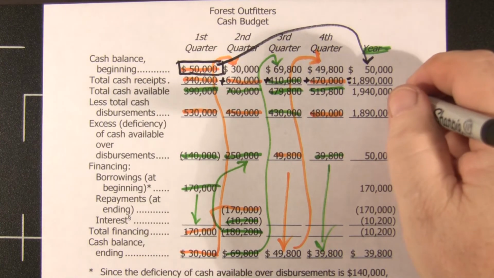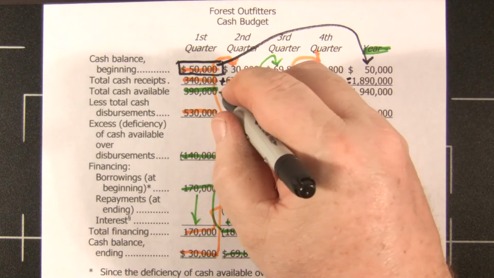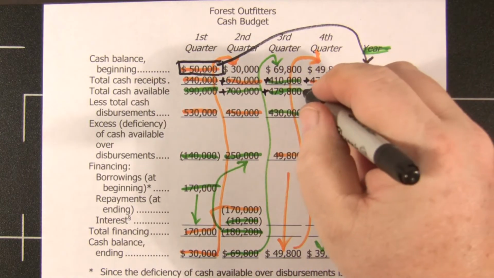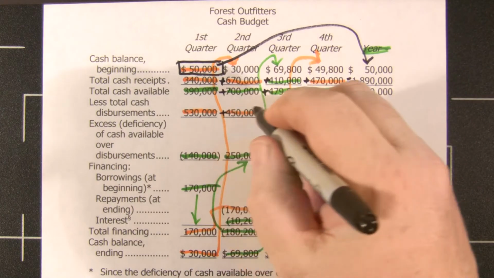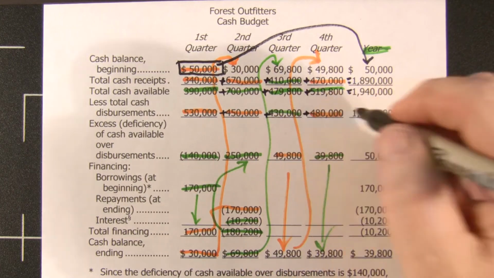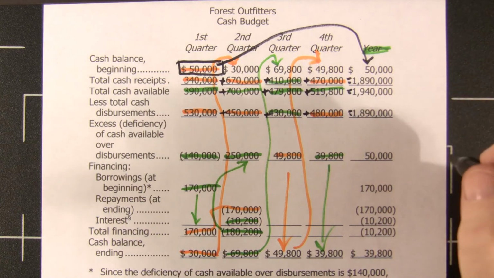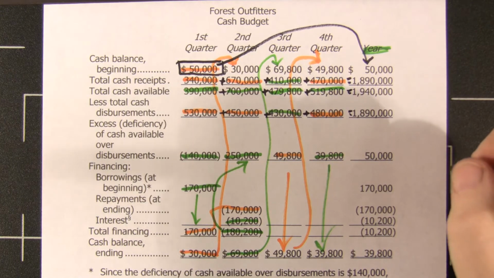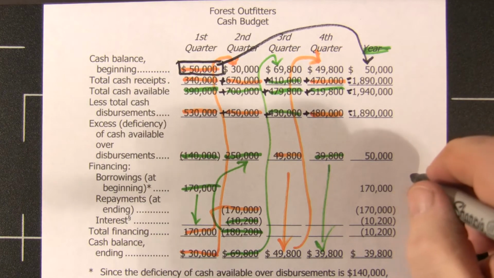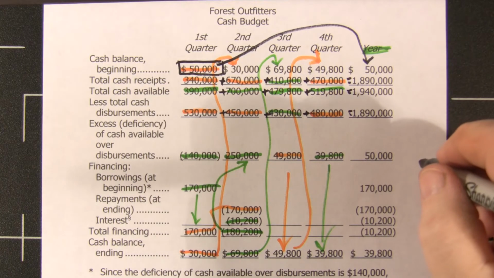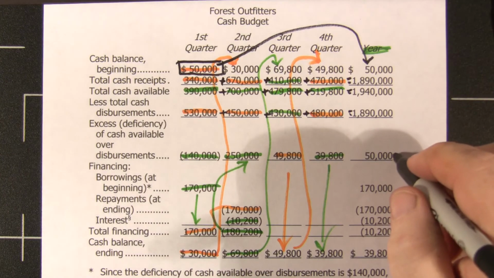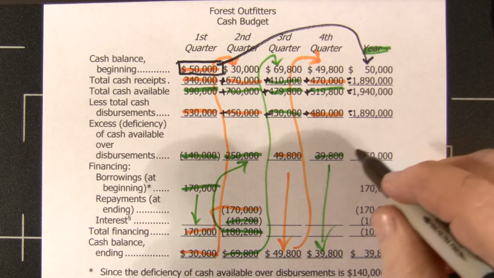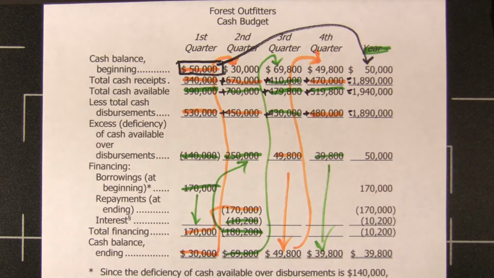That gives us the total cash available, and that, again, is just added across. We have to add the total disbursements. Again, simply add it across. That gives us our excess of cash over disbursements of $50,000. Okay, and again, that's just added across.